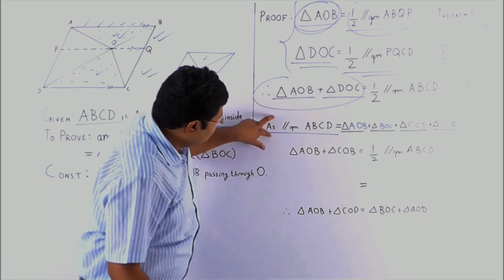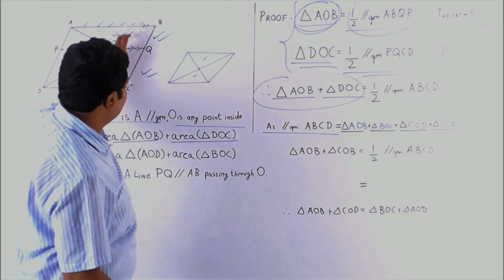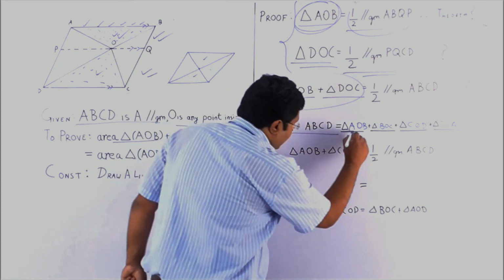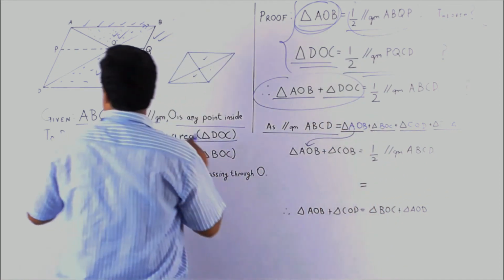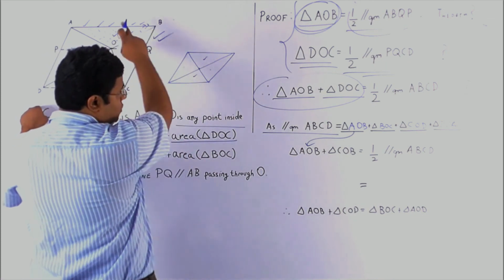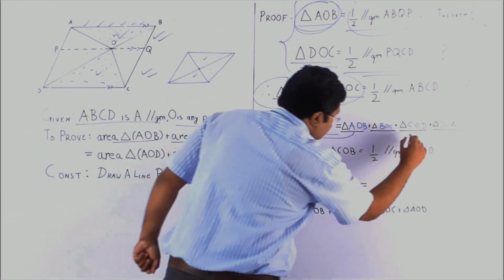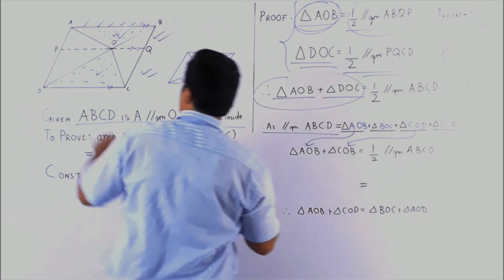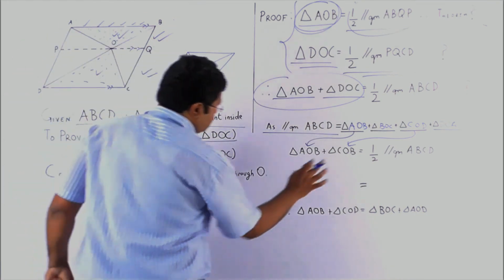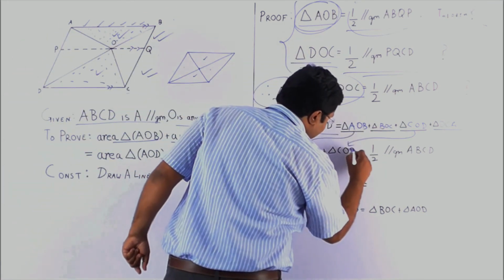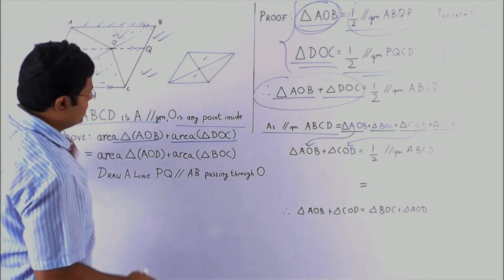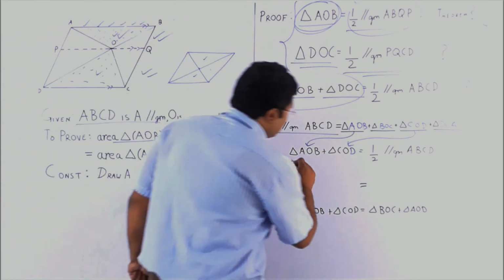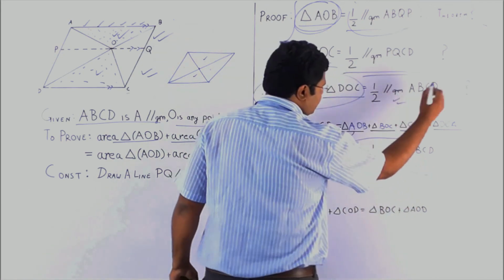Now, as we said, this parallelogram consists of four triangles. AOB plus COD is equal to half. This is what we have proved here.